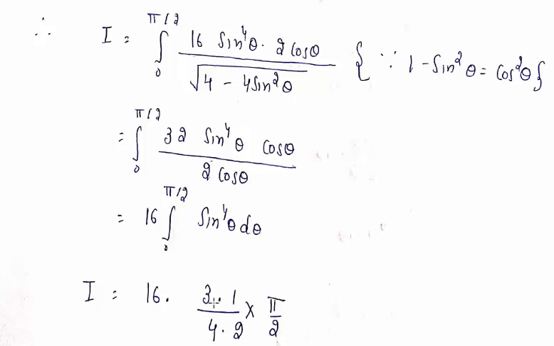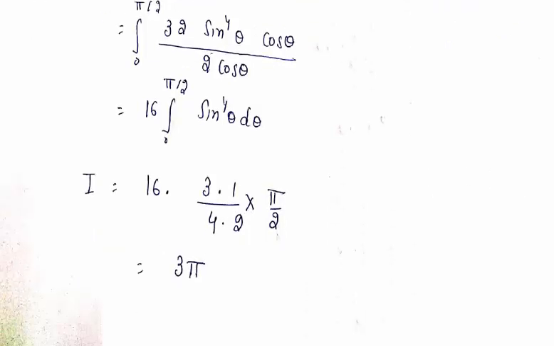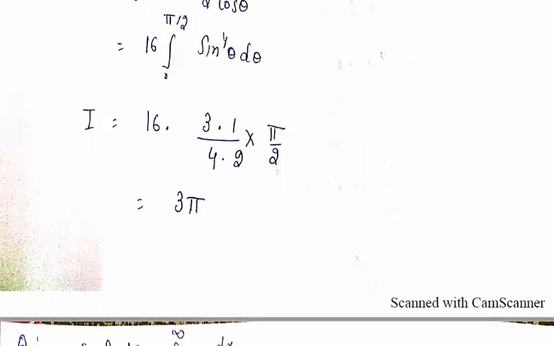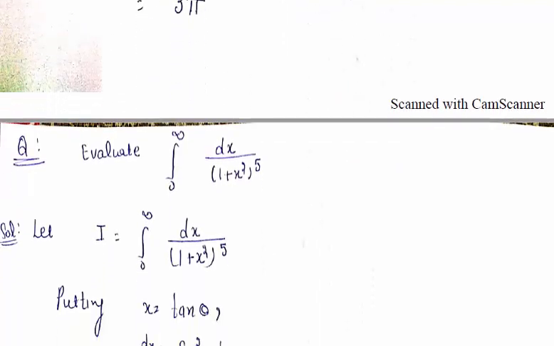Here we can write n minus 1, 4 minus 1 is 3. n minus 3, 4 minus 3 is 1. n is 4 and 4 minus 2 is 2. So if we simplify, 2 to the 4 is 16, 16 and 16 cancel out. 3 into 1, 3 pi. So that is our answer for the integration.